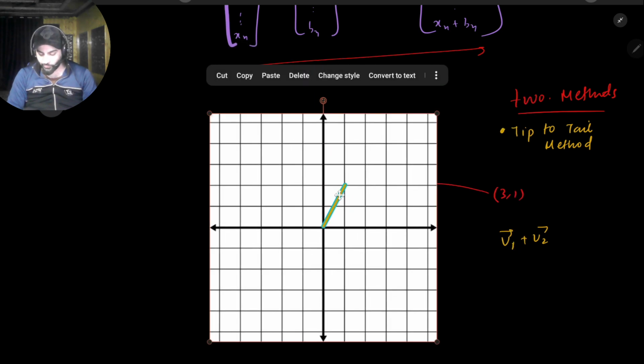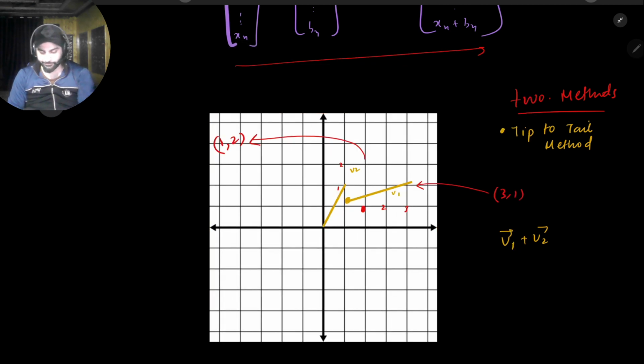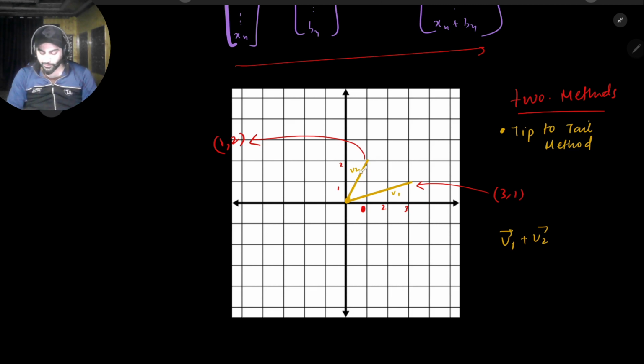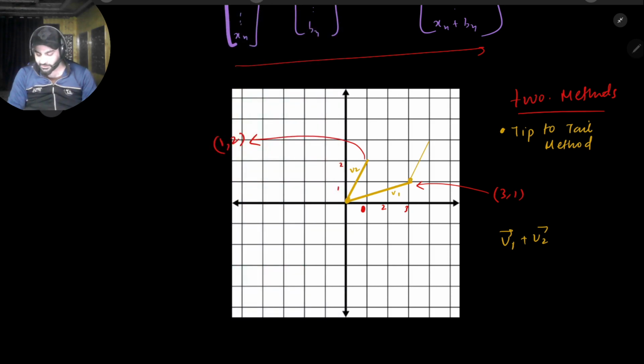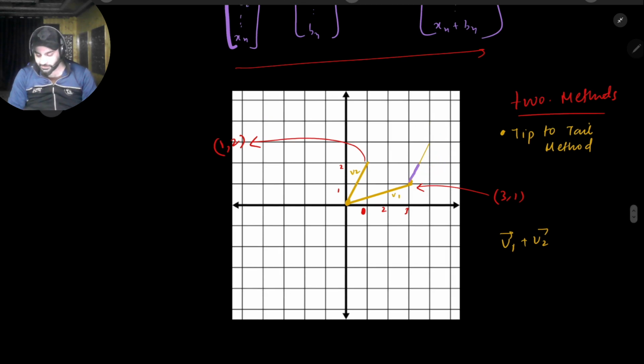The net effect is that if I move this vector from here to here, the tail of one vector falls on the tip of the other vector. I have just shifted this vector over here.